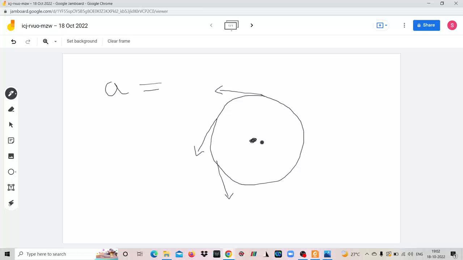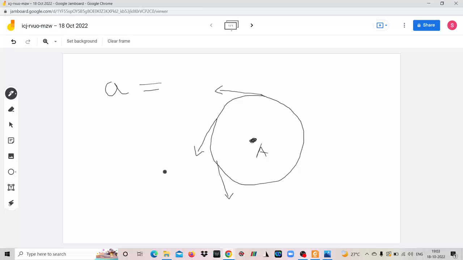I'm calling this point A. There are two types of acceleration in circular motion: one is centripetal acceleration, another is centrifugal acceleration. What is the difference between these two? Centripetal acceleration is directed towards the center, towards the axis of rotation, this A, and centrifugal is directed away. So it is basically a sign convention.